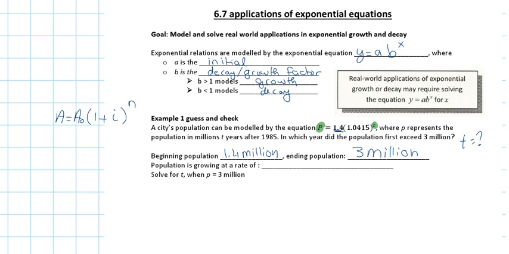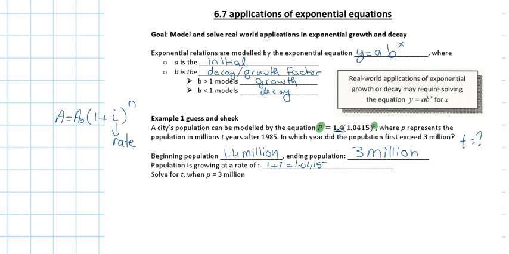The question is asking you for the rate. The rate is the i. Okay? Now, 1 plus i gives you 1.0415. If I want to look for i, what do I do? Subtract 1. So if I have 1 plus i equals 1.0415, to solve for i, I'm going to have to bring the 1 over.